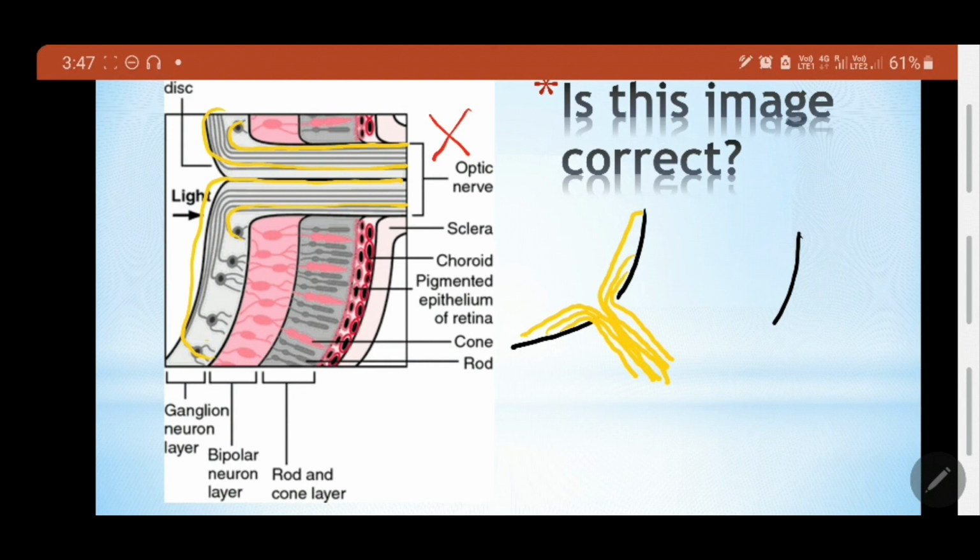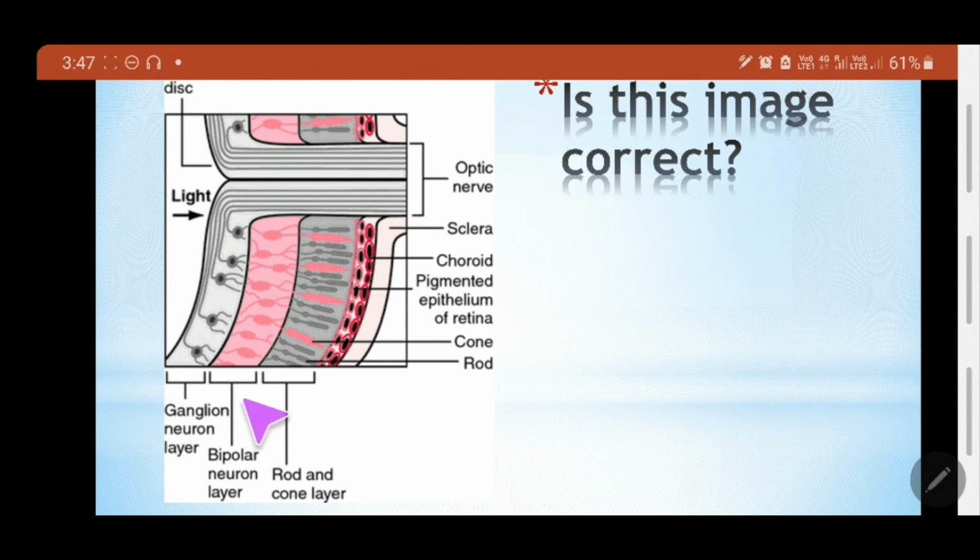Got it? So what will be the right thing? The right thing will be that the peripheral fibers will pass towards the periphery of the retina.